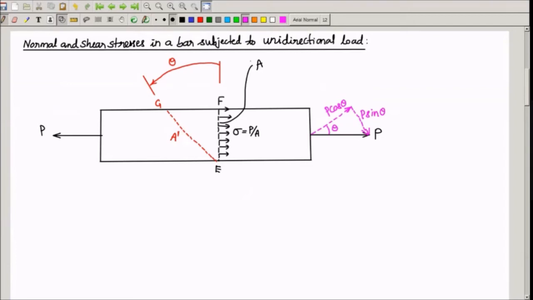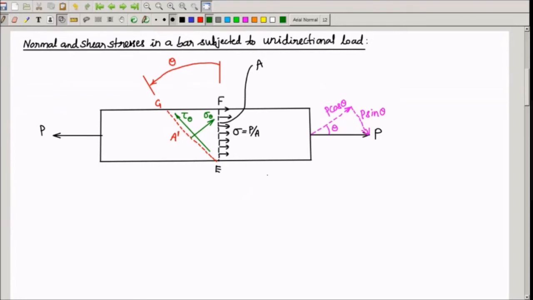So on the plane GE, there will be a shear stress like this, and a normal stress like this. This is called sigma theta, and this is called tau theta. So on any plane other than EF, you will find both normal and shear stress. But on plane EF, shear stress will not be present because theta becomes 0 there.